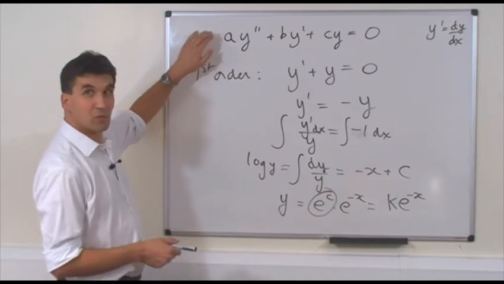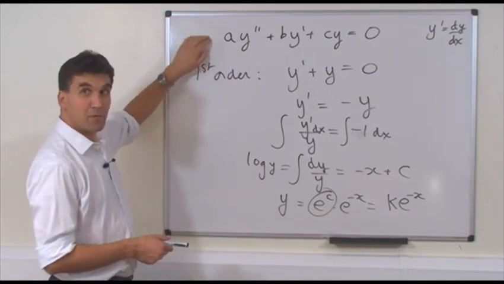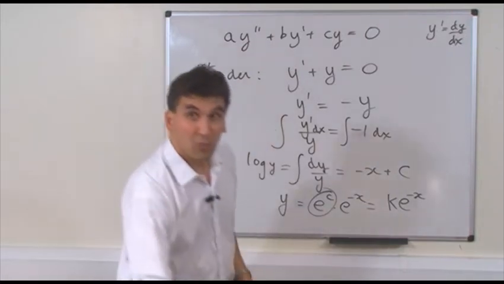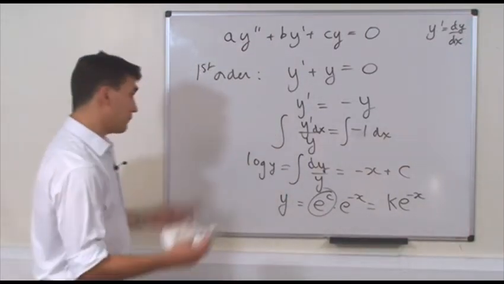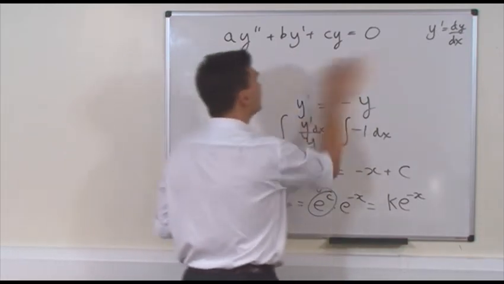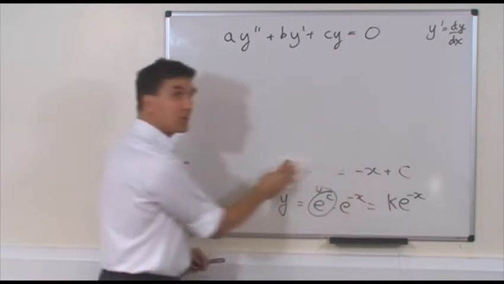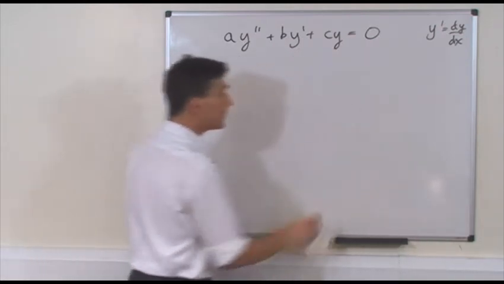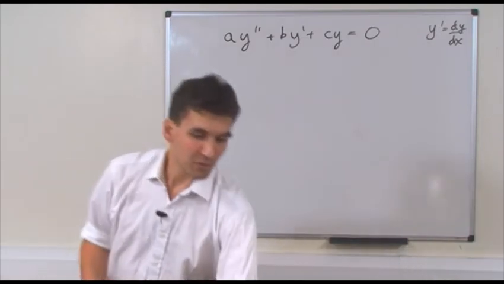Solutions of this equation will look like arbitrary numbers times exponentials. The problem is we don't know what those exponentials are. We also don't know what the arbitrary numbers are, but that is a lesser problem. So what we'll do with this equation is we'll look for a solution of the form of an exponential.